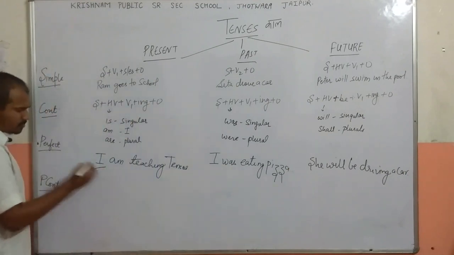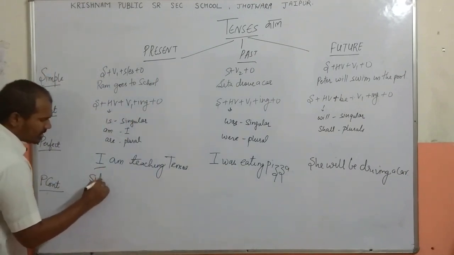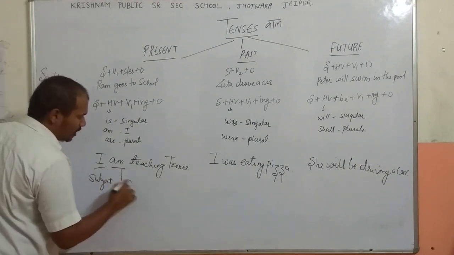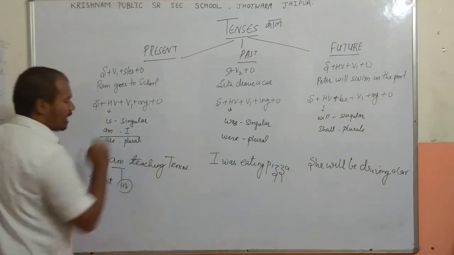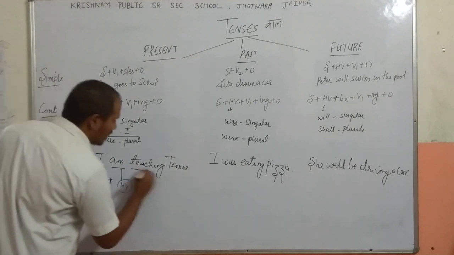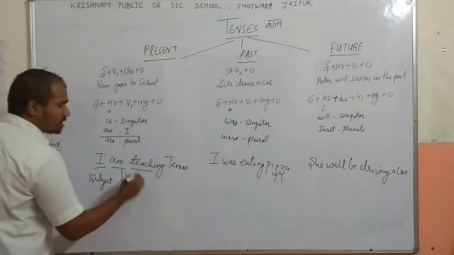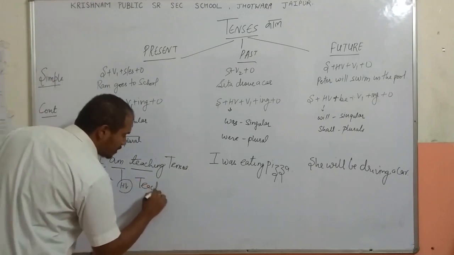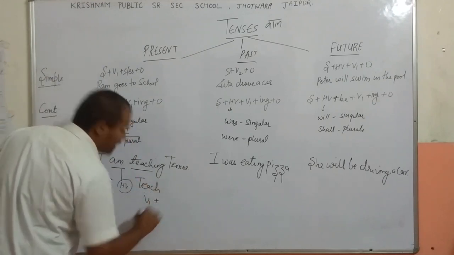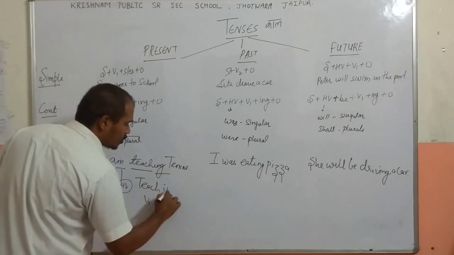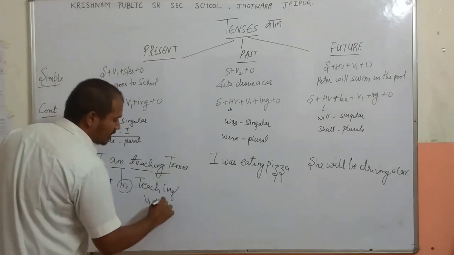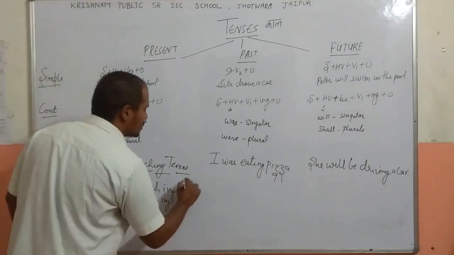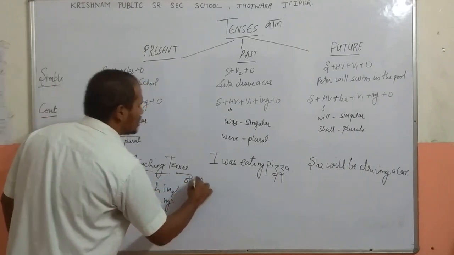Now see, I'll explain you how these things come out. Here, I, as I always say, is the subject. Am is a helping verb that I have already explained you. Now teach. Teach is the verb's first form, plus I have added ing to it. This becomes teaching. इस तरह क्या बन जाता है? Teaching बन जाता है. And tenses here is the object. Now if you want, you can change the sentence.